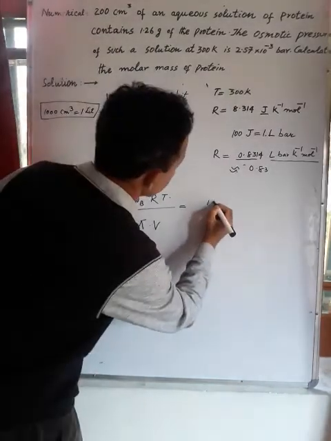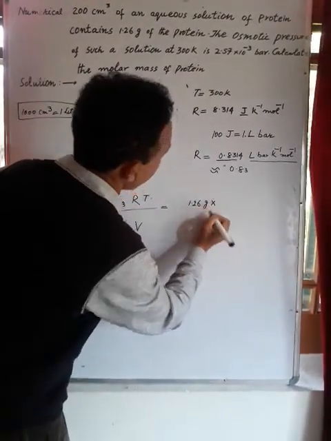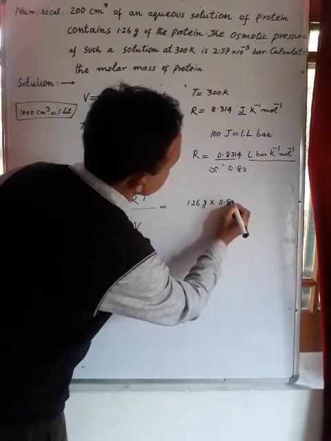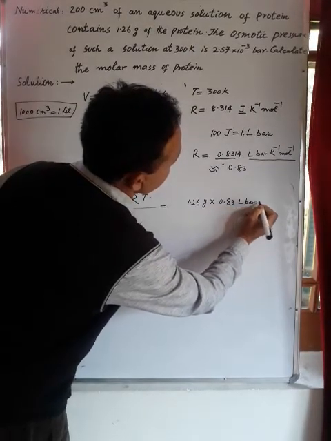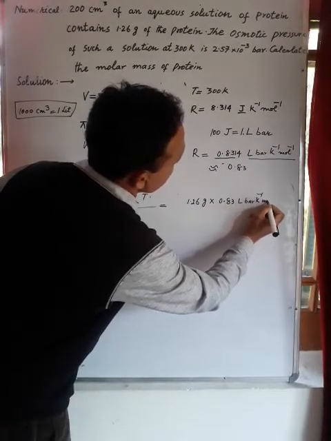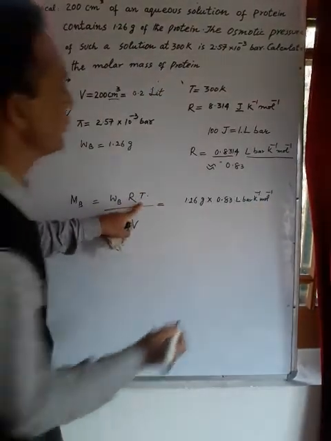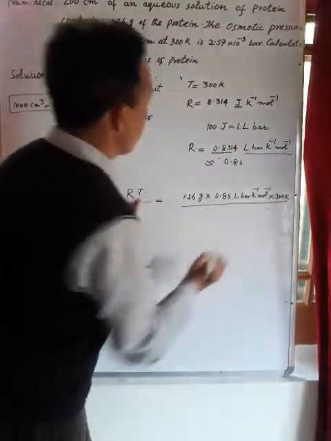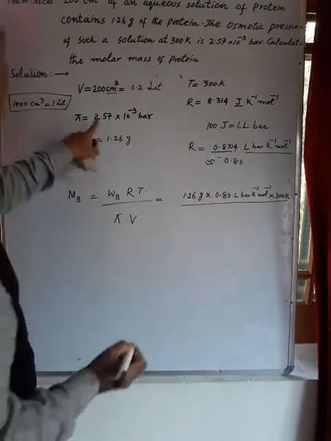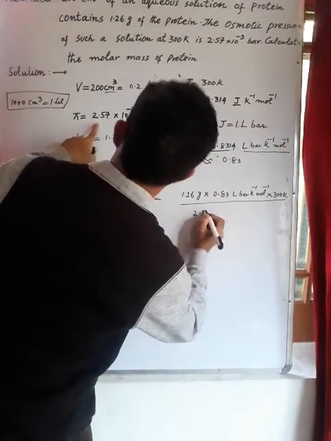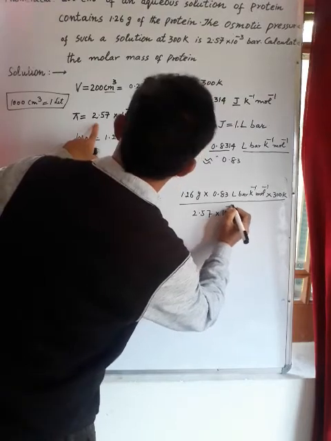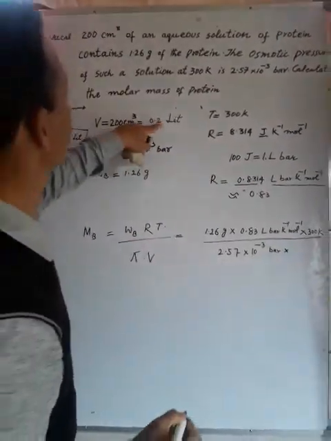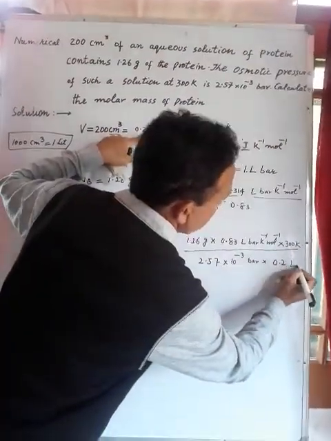So 1.26 gram into R, which is 0.083 liter bar per Kelvin per mole, into T, 300 Kelvin, divided by pi, the osmotic pressure, which is equal to 2.57 into 10 raised to power minus 3 bar, and V, the volume, is equal to 0.2 liter.